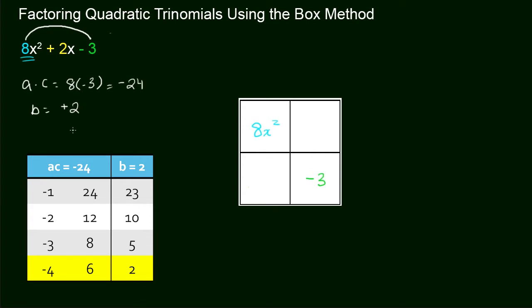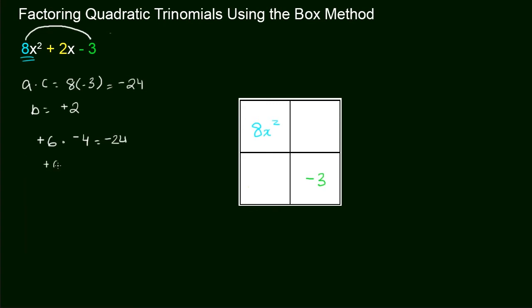So my two factors that multiply to -24 are +6 and -4, because +6 times -4 is -24, and +6 plus -4 is +2.